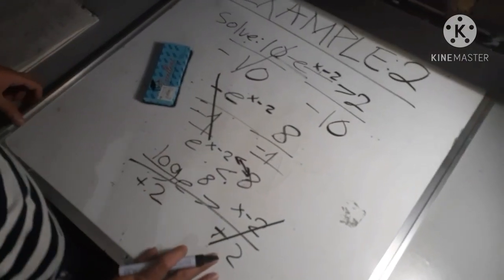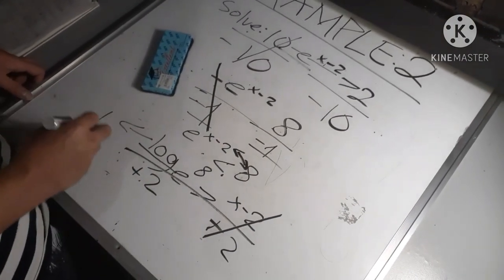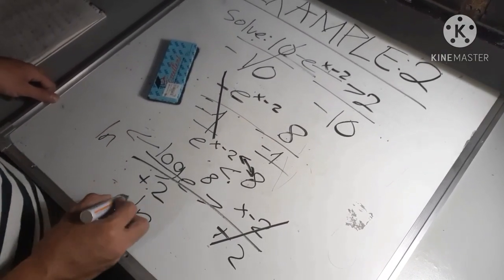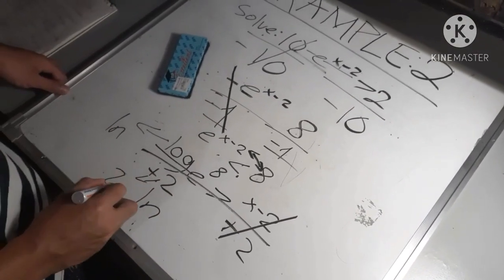The shortcut for the log word here is ln. So put the ln here and copy the 2 and its sign.